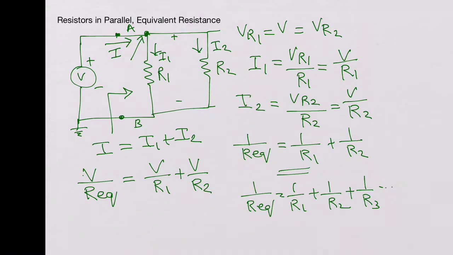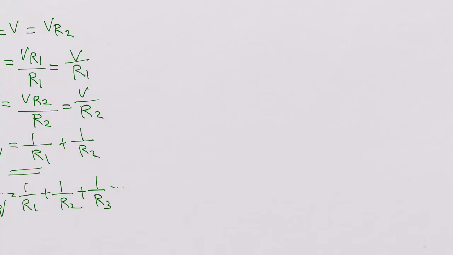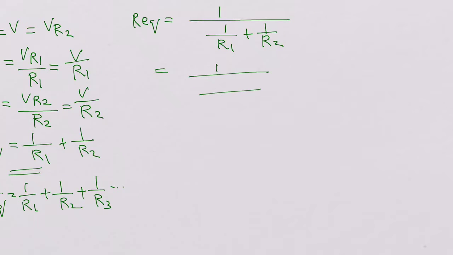Now let's calculate the R equivalent for the two resistor circuit. So 1 over R equivalent would be 1 over R1 plus 1 over R2, which is equal to R2 plus R1 over R1 R2.